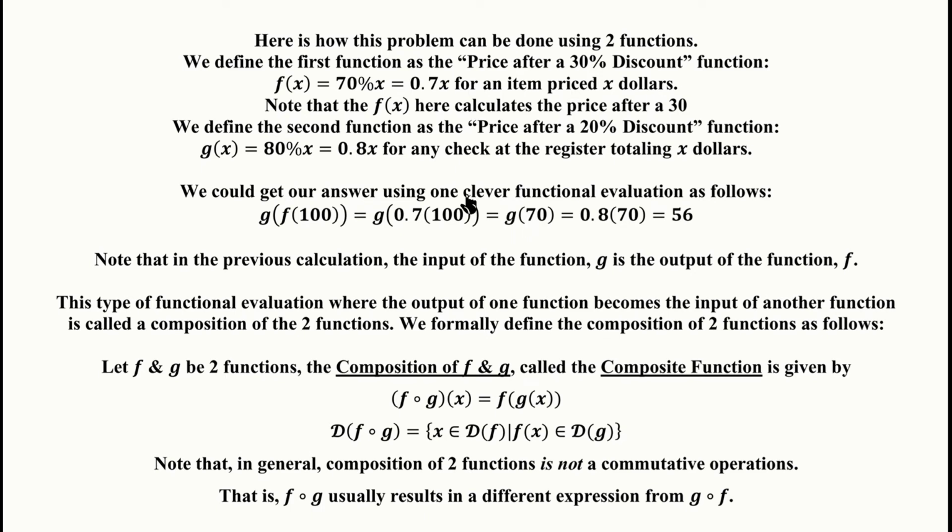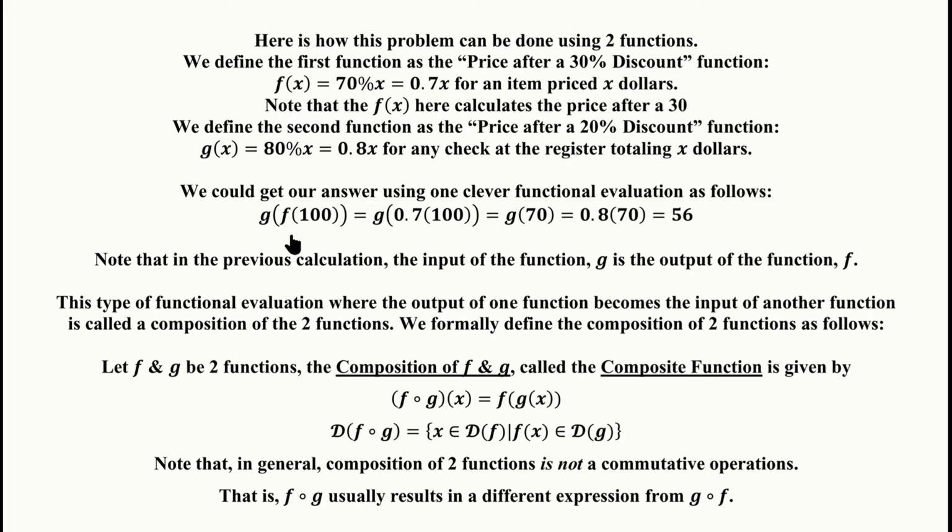And of course, what is g of 70? That's just going to be 0.8 times whatever this x is, which is now 70. And this way you get 56. So this is really the fastest way to compute something like this if you care to actually take the time to do it.